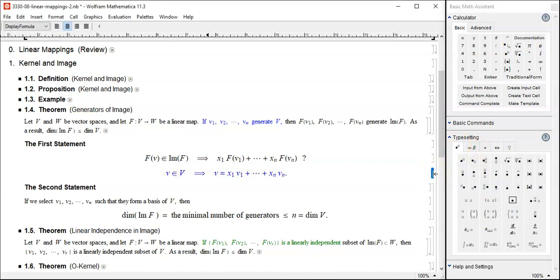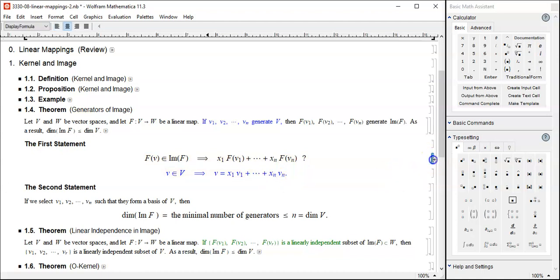So this corresponds to the condition part: v1 through vn generate V. That means an arbitrary element of capital V selected can be written as a linear combination of v1 through vn. So what we need to do is to prove this using that. Let's repeat. Prove this for an arbitrary element of the image of f. Can that be written as a linear combination of these? Basically this statement. And then this is what we have to use.